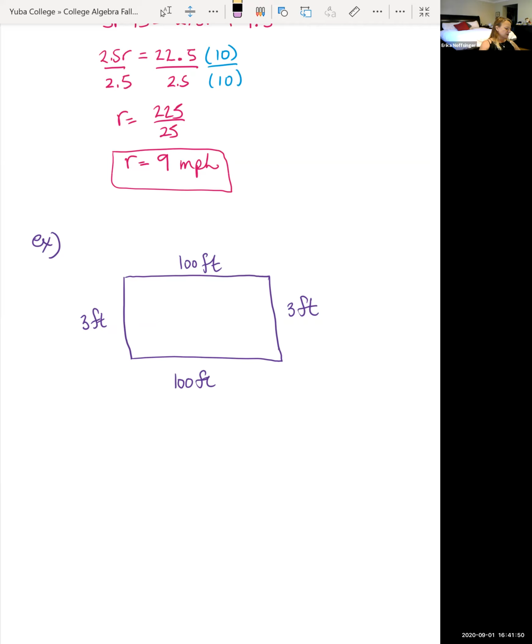So again, a pond is enclosed by a wooden deck that is 3 feet wide. The fence surrounding the deck is 100 feet long. I'll go back to that one. Let's not do that one.